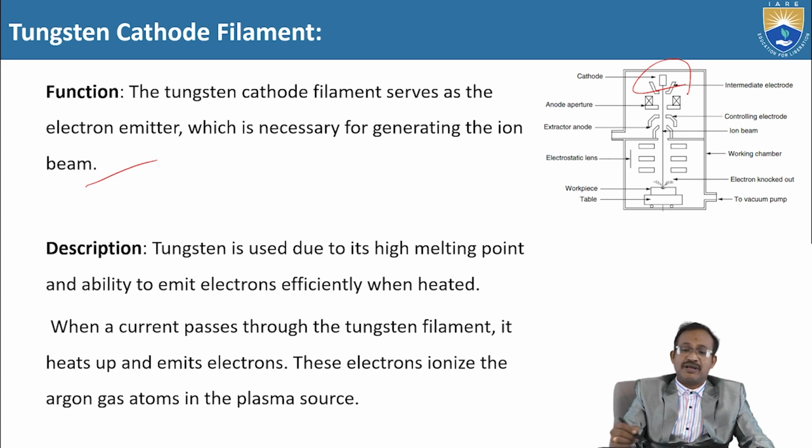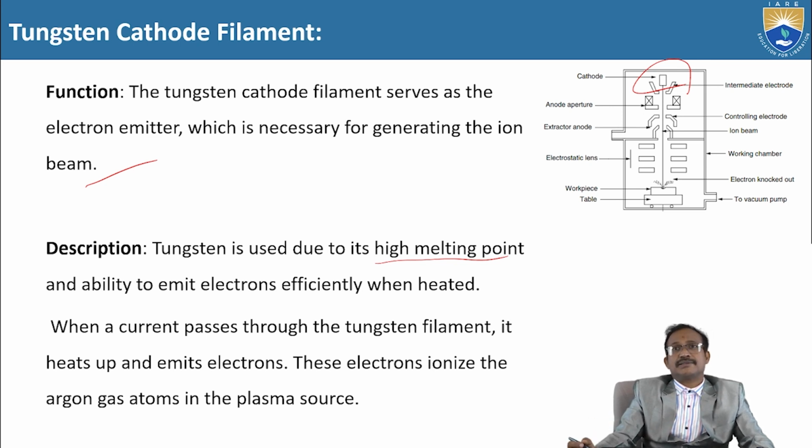Because of its high melting point and ability to emit electrons efficiently, we are using tungsten as the cathode element. When a current passes through the tungsten filament, it heats up and emits electrons.